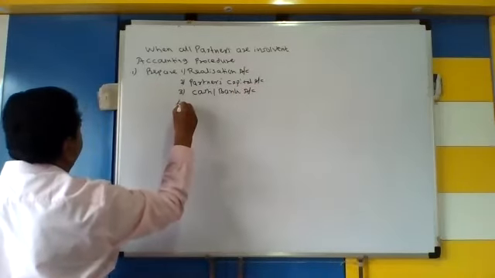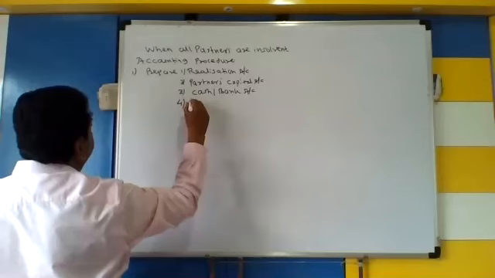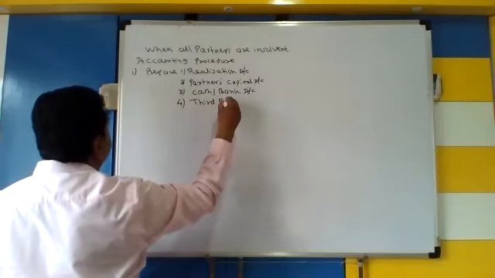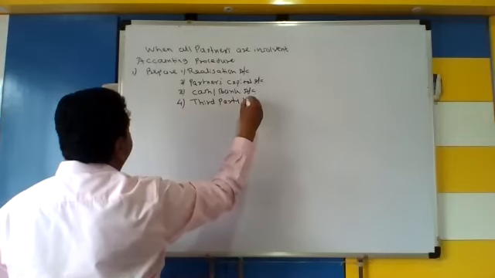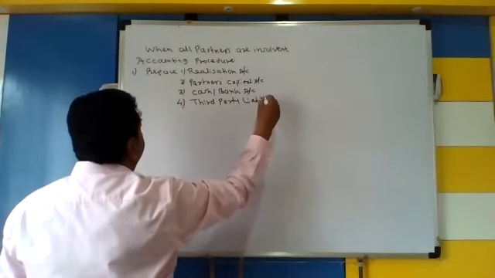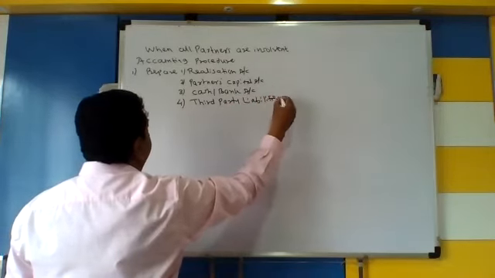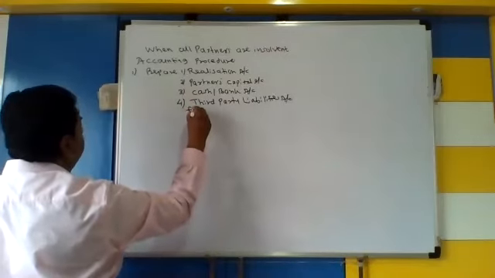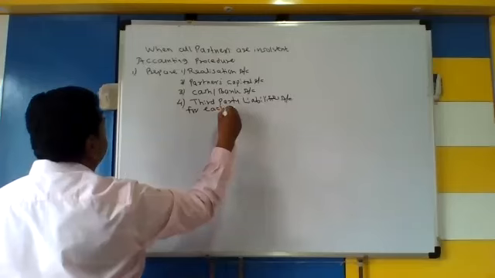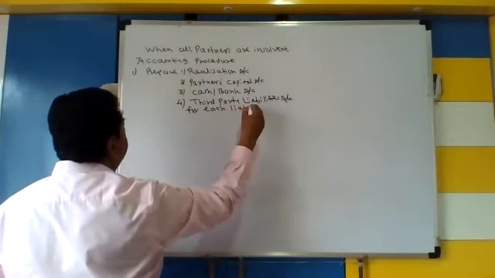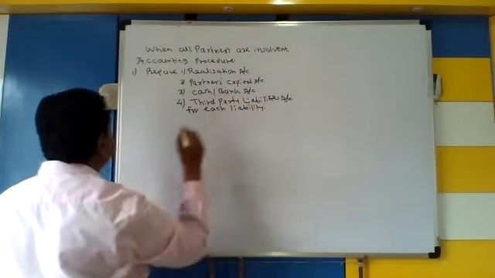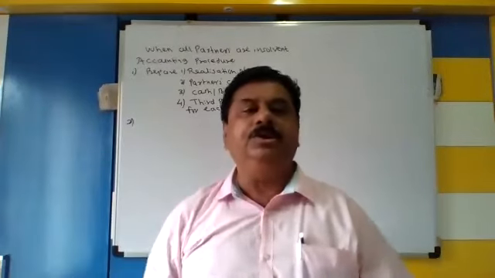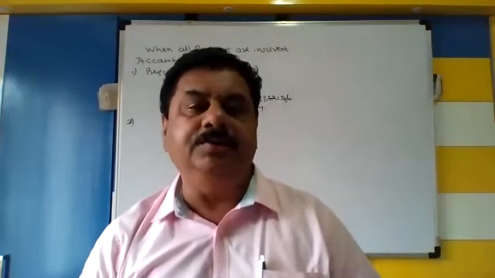And number 4, very important, third party liabilities account, for each liability. That means actually you need to prepare realization account.